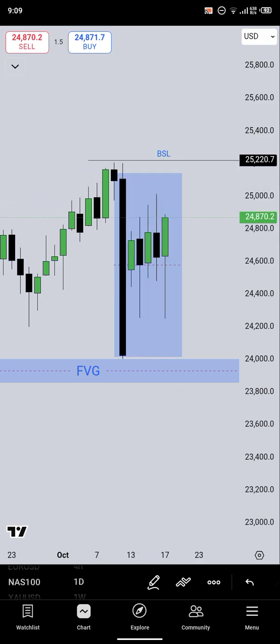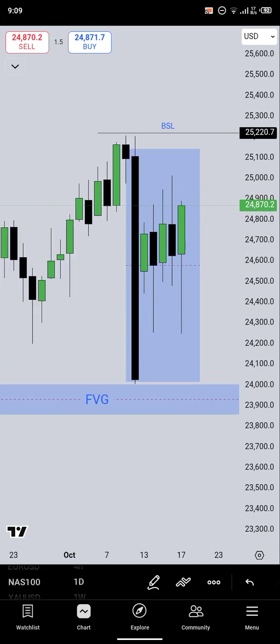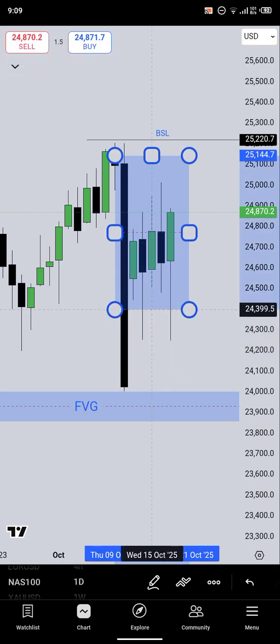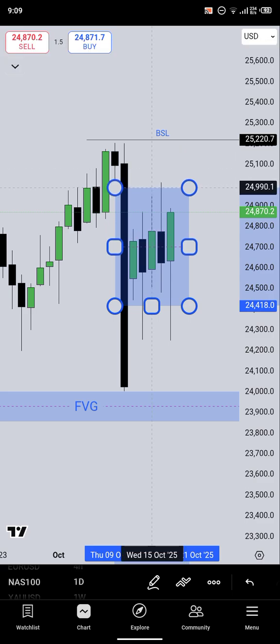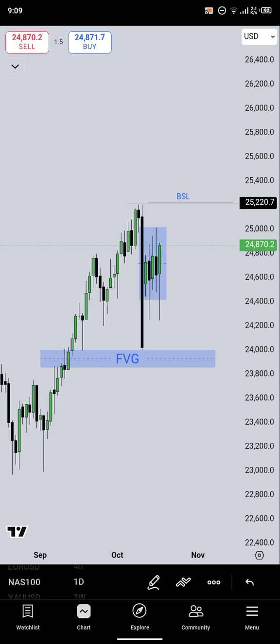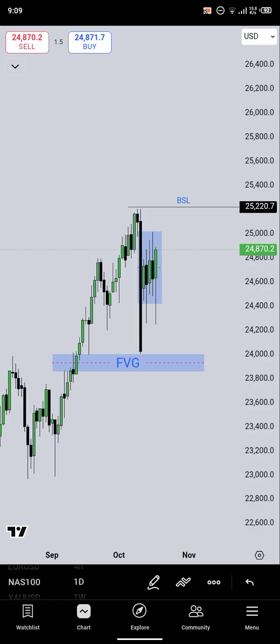After this massive bearish candle, we can see price is creating somewhat of a consolidation within this area here. So that's why for Nasdaq we're just going to be careful. We'll be looking at this fair value gap, but most especially the buy side liquidity to be taken out.